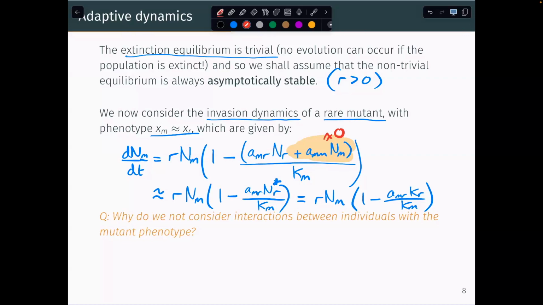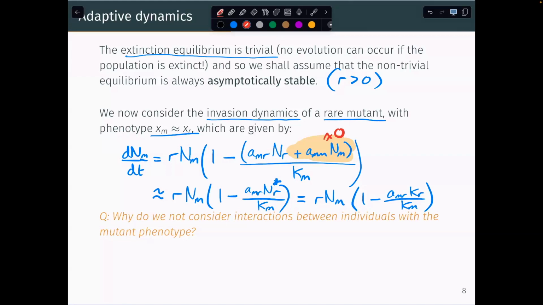So we can assume that as our mutant is trying to invade when it's relatively rare, it's not really going to be changing the resident population very much. Most residents will be coming into contact with residents. If you're an average resident, most of the time you're going to meet an average resident. You're not going to meet the mutant very often, because it's rare.